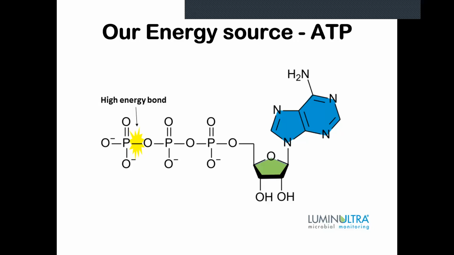Now that bond, being high energy, is used up and then reforms in the mitochondria. However, if someone is, say, running very long distances, using up a lot of the third phosphate, once you use the ATP, adenosine triphosphate, and you lose the third one, you have ADP, diphosphate, remaining.